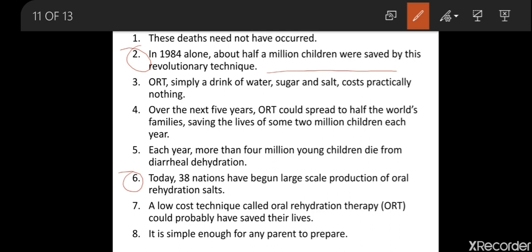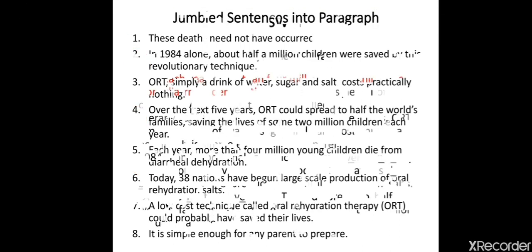Then the last point talks about the future: over the next 5 years, ORT could spread to half the world's families, saving the lives of some 2 million children each year.